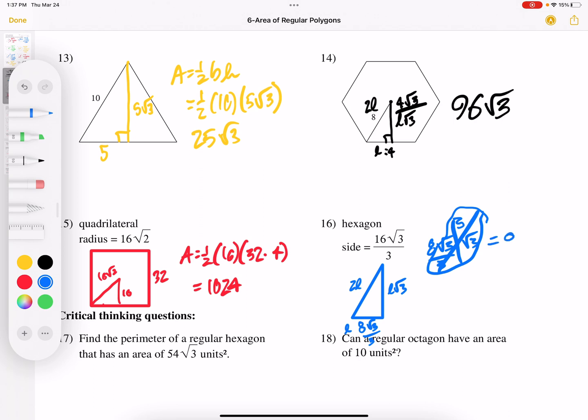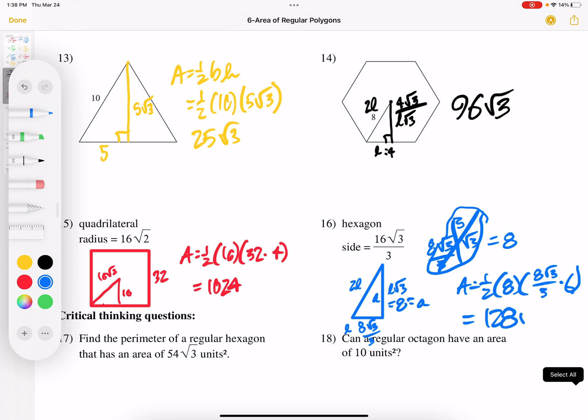So that's going to be equal to 8. So that side length is 8. That's the apothem, in case you couldn't figure that out. This is half the side length. This is the apothem. So my area is equal to 1/2 times 8 times 8 square root of 3 over 3, and there are 6 of those. So all of that is going to be equal to 128 square root 3.